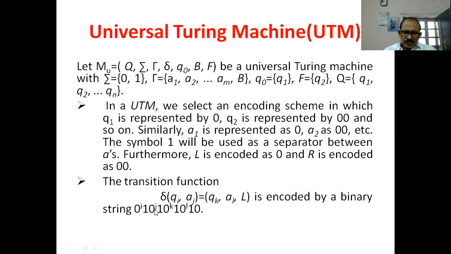Suppose the Turing machine consists of this instruction: delta(Qi, Aj) = (Qk, Al, L). The machine is in state Qi, the input is Aj, the machine goes to state Qk, replaces this Aj by Al, and moves in the left direction. It is encoded as follows.